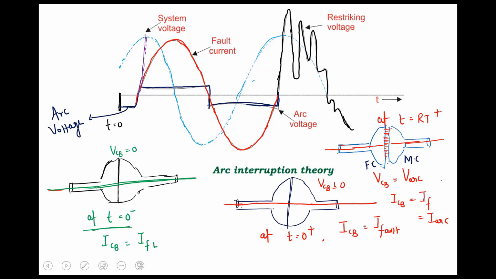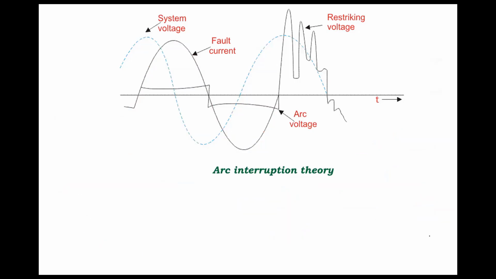So the first point to remember is that the fault current lags the system voltage by 90 degrees. Sir, where is this system voltage present? This system voltage is a dotted line, which we are assuming is present. If it were present, what would its waveform be? We are drawing it.